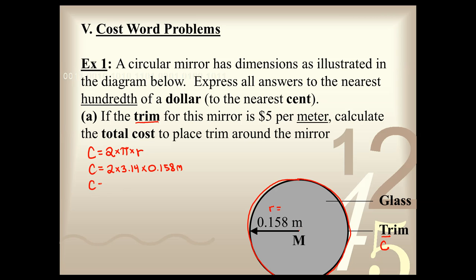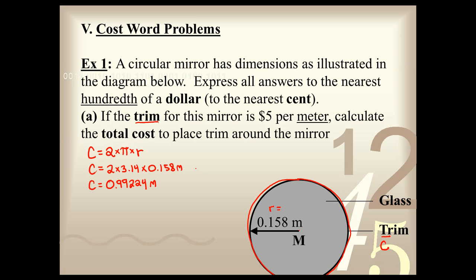And then my circumference would be equal to, we can just quickly calculate it. So we've got 2 times 3.14 times 0.158, and then we should get 0.992224 meters.